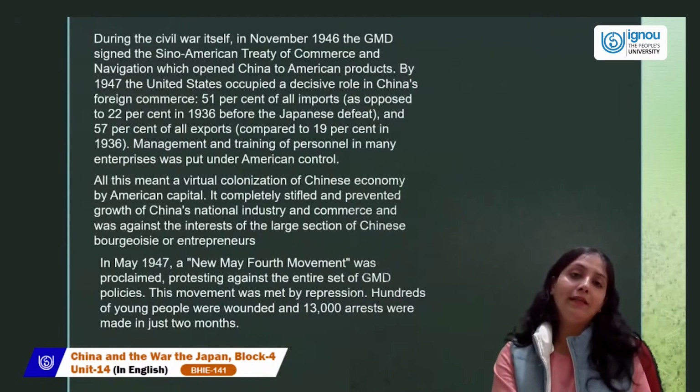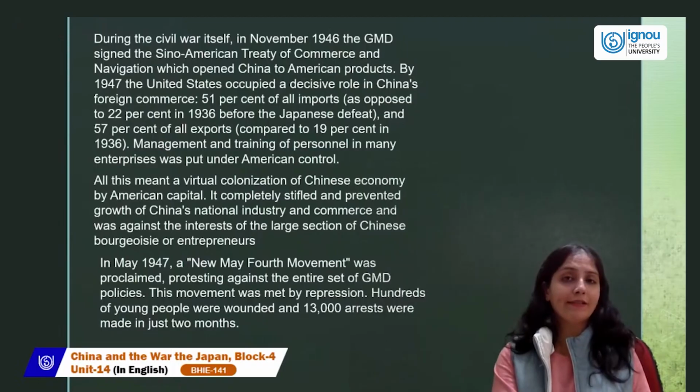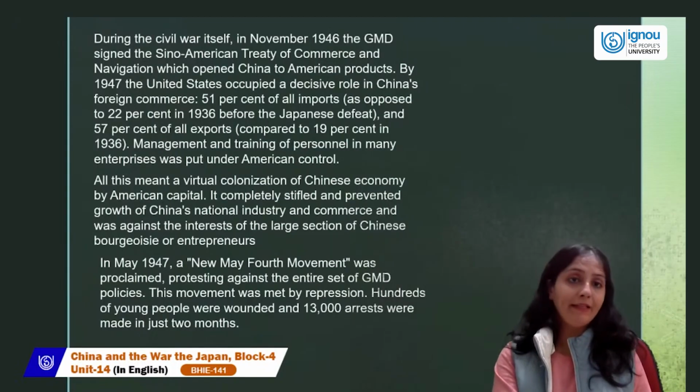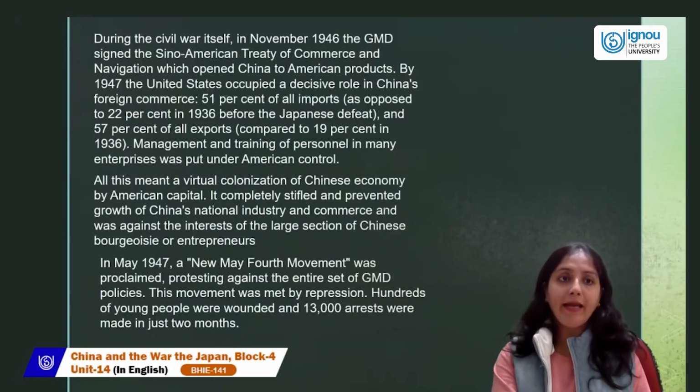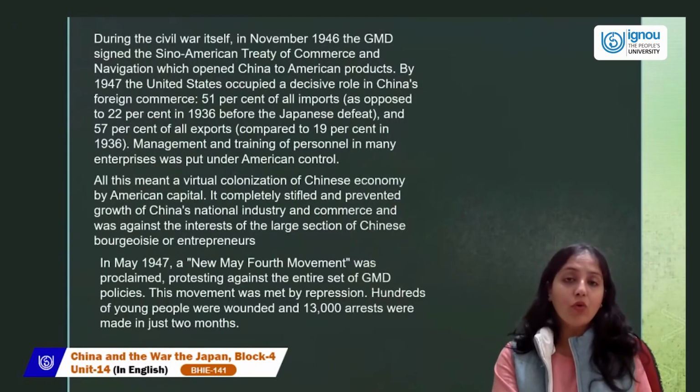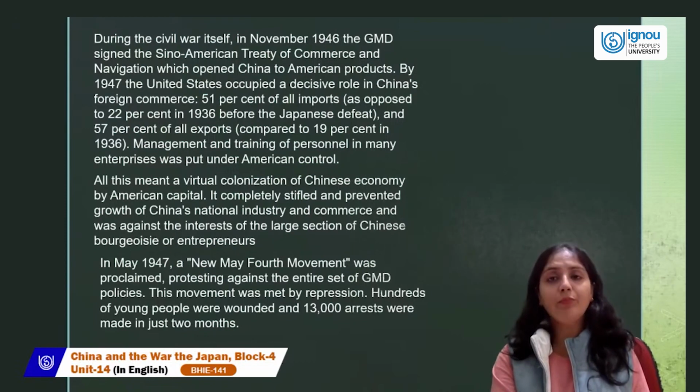During the civil war itself, in November 1946, the Kuomintang signed the Sino-American Treaty of Commerce and Navigation, which opened China to American products.